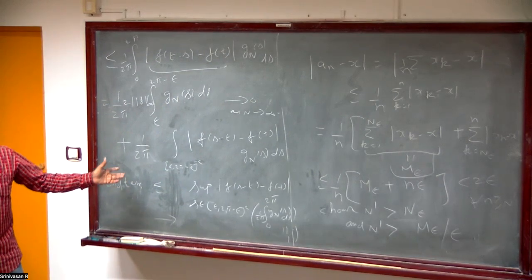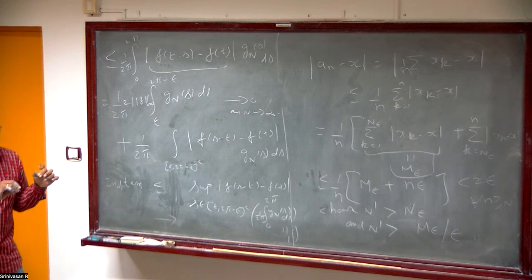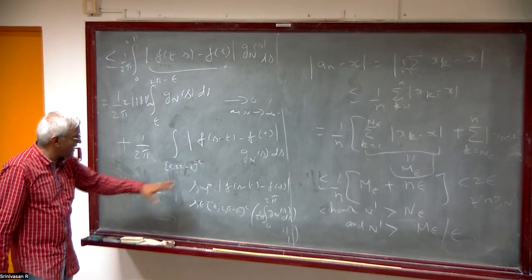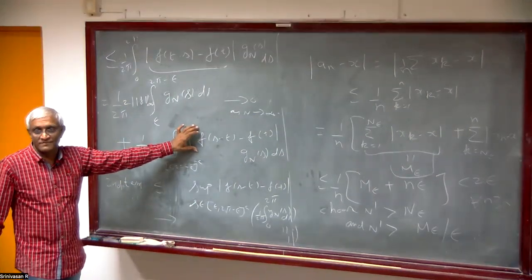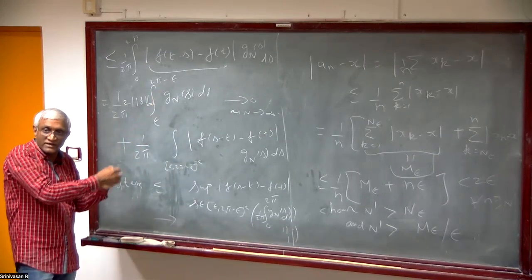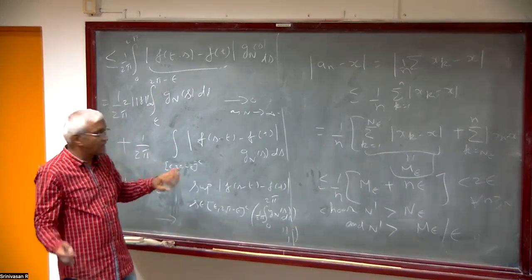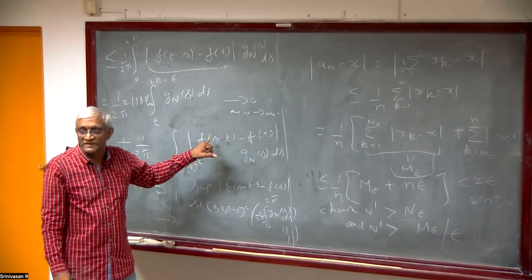Can you fill up the argument? Shall I repeat it? Sorry, you are lost or something. It's okay. By uniform continuity, you can make this very small. Maybe I should have taken delta here. Choose delta such that this is less than epsilon, independent of this t.